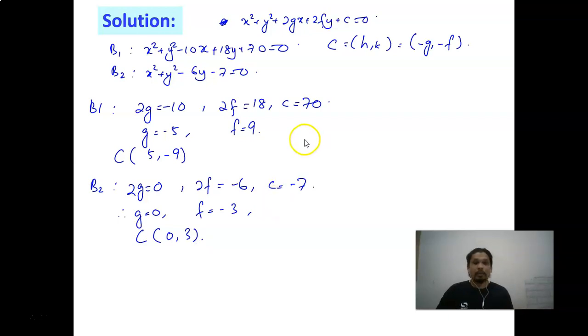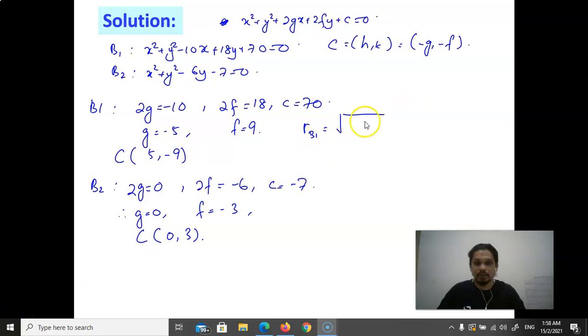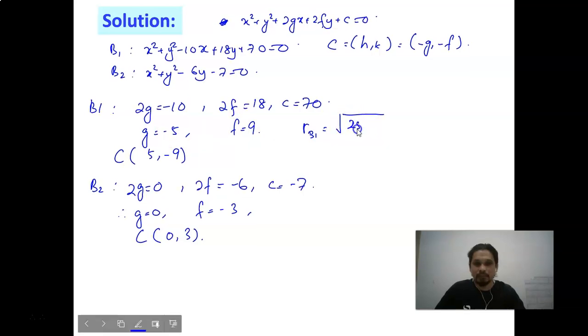Okay, now the radius of B1 is equal to the square root of g squared, which is negative 5 squared, equal to 25, and then f squared equal to 9 squared equal to 81, minus c equal to 70.